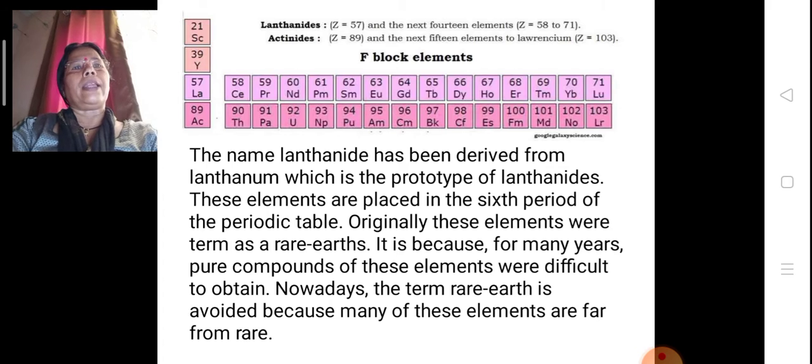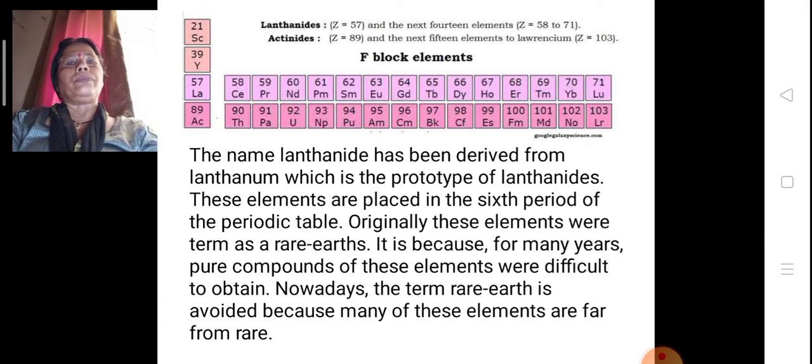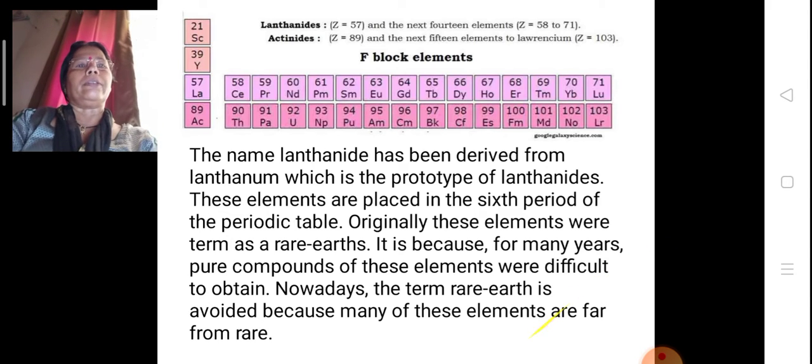The name lanthanide is derived from lanthanum, which is the prototype of the lanthanides. These elements are placed in the 6th period of the periodic table. Originally, these elements were termed rare earths, because for many years pure compounds of these elements were difficult to obtain. Nowadays the term rare earth is avoided because many of these elements are far from rare.